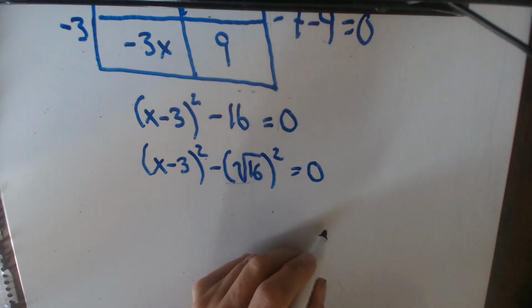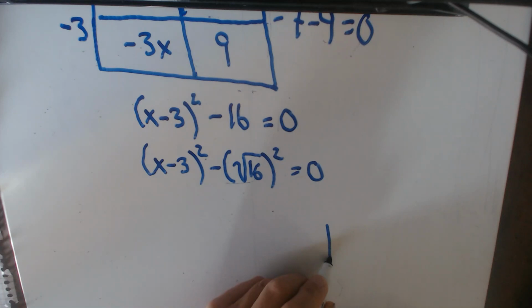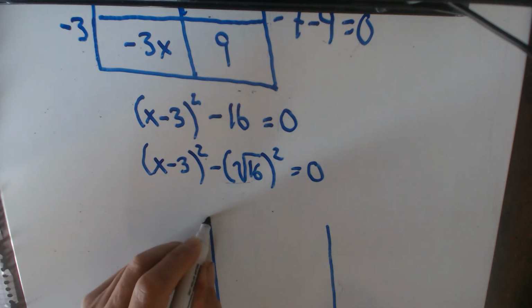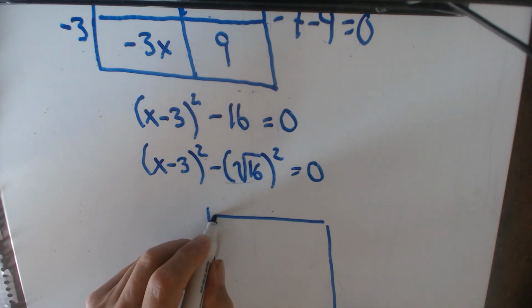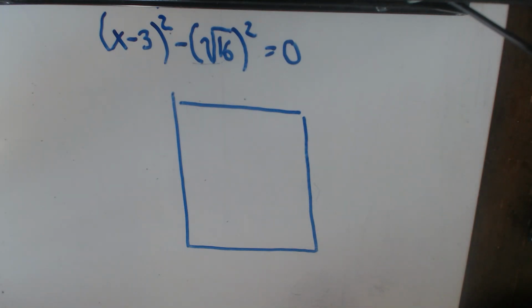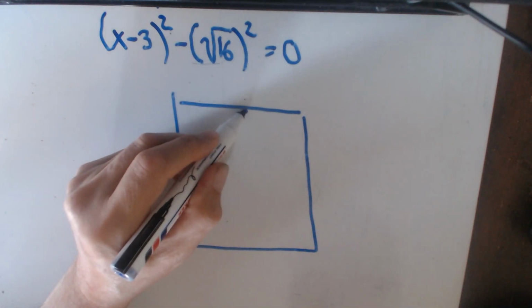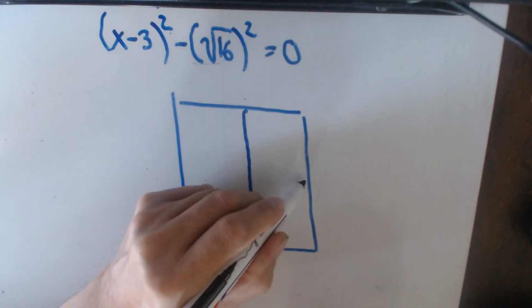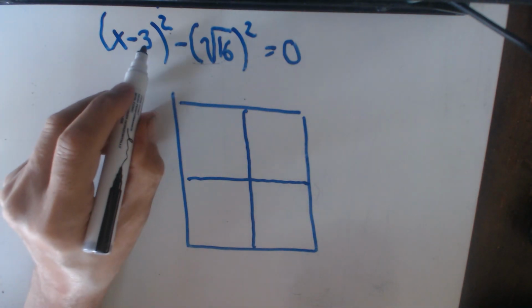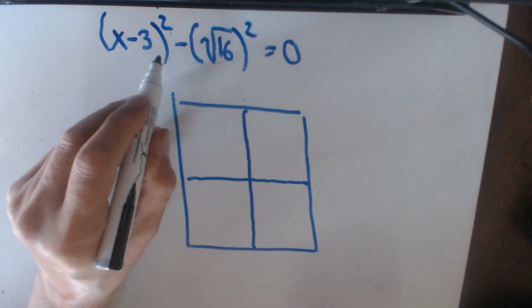And the next step, you have to draw another rectangle like this. You divide this rectangle into 4 rectangles like this, and we have square terms here.